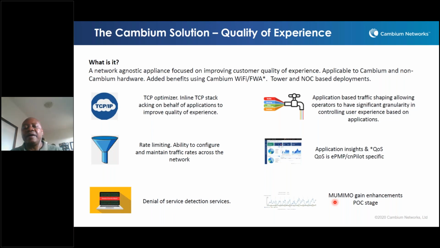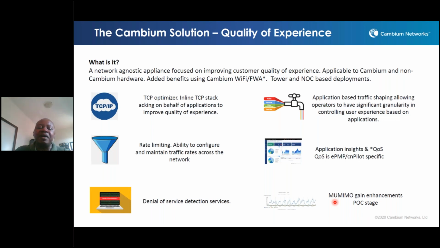The quality of experience box will be able to determine, say, those 2 subscribers over there have a higher chance of leveraging a higher MU-MIMO gain, so you can tie that customer into one group. By doing that, you get more capacity.